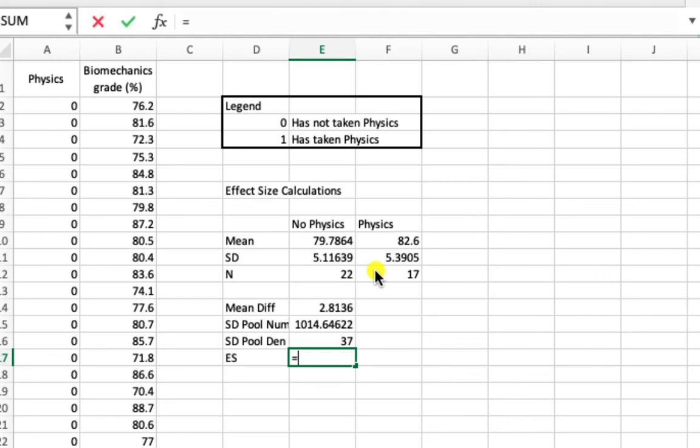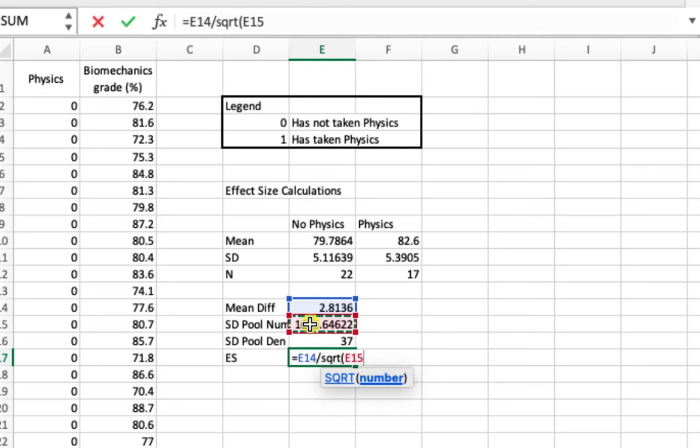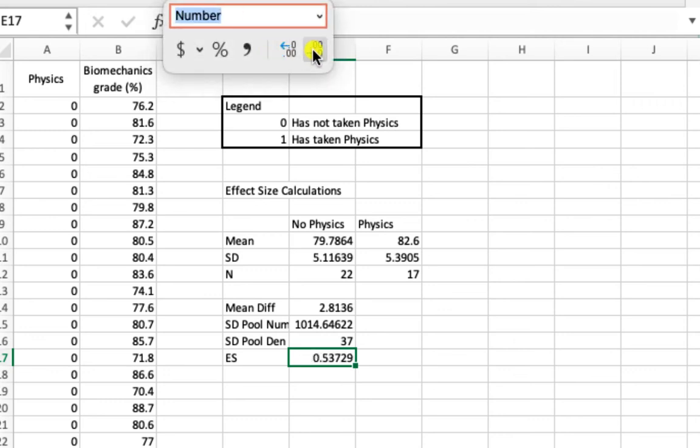And then our effect size is going to be the mean difference divided by the square root of our pooled standard deviation numerator divided by the denominator. I've specifically asked you to round your answer to 2 decimal places, so we get an effect size of 0.54.